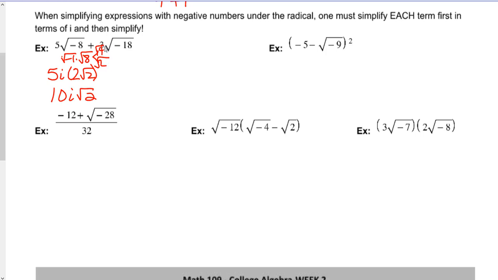All right, let's try this guy. I have a 3, so plus 3. The negative comes outside and makes that an i. And then I need to break up 18 because there's a perfect square in there. 1, 4, 9, 16, 25. Keep remembering those perfect squares. 9 is the factor that goes into that twice.